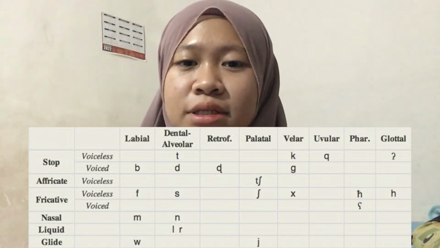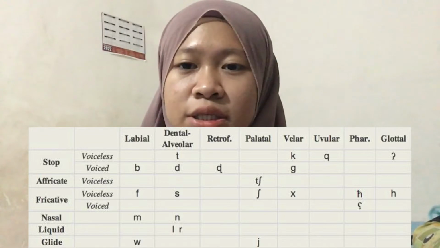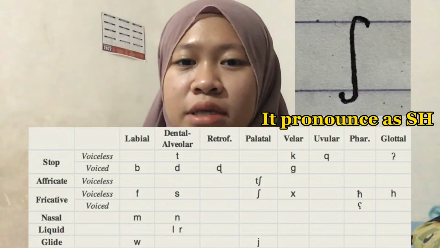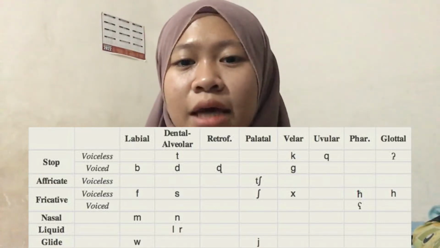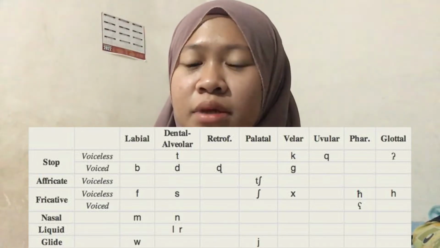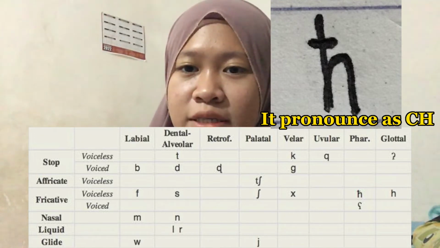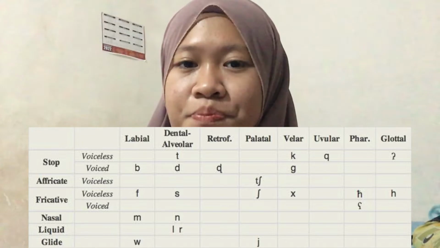And F is a fricative, voiceless bilabial. S is a fricative, voiceless dental alveolar. And SH is a fricative, voiceless palatal. The X that sounds H is a fricative, voiceless velar. And KH is a fricative, voiceless pharyngeal. And H is a fricative, voiceless glottal.